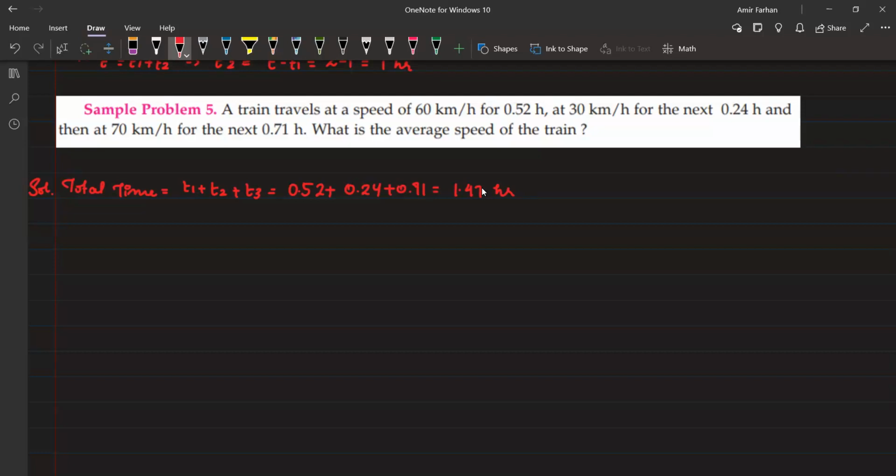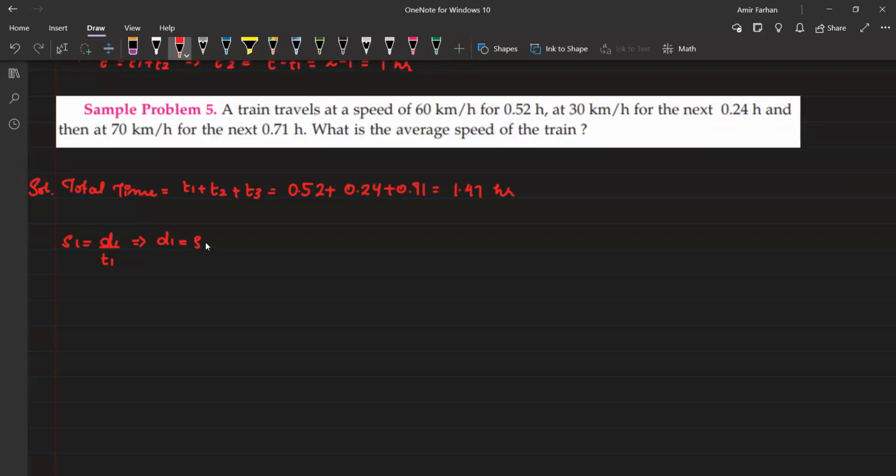Now calculate the total distance. To get the total distance, you can see that speed and time are given. To get the distance, I can multiply speed into time in each case. S1 is equal to D1 by T1. I need D1, so I will multiply S1 and T1.